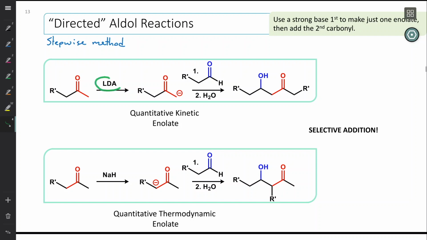Now, if we use LDA, remember this is a bulky base, so we will get the kinetic enolate. If we use an unhindered base, then we'll get the thermodynamic enolate. It's best to use a strong base though, because you want this to go all the way to the enolate, right? So you do want a strong base.